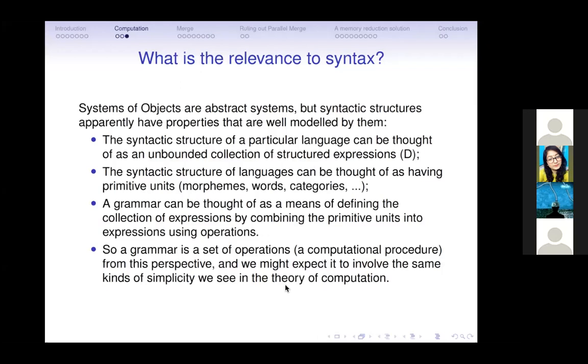Okay, it's what gives us the capacity, to draw back to the theme of this conference, to actually have free speech in the first place. So there's something very common to all humans, which is this capacity to productively and creatively say what we need to or want to say. Okay, so from this perspective, a grammar really is a computational procedure. And so we might expect, if we're thinking about simplicity, we might expect a grammar to involve the same kind of simplicity we see in the theory of computation.